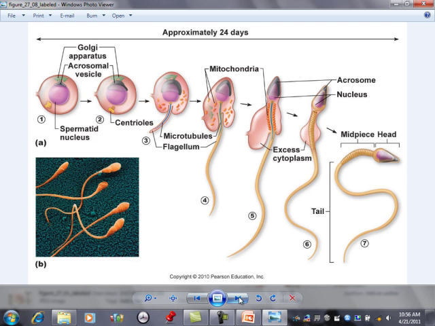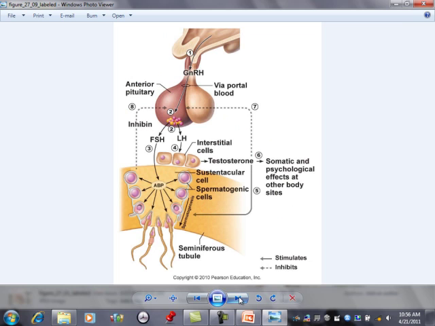So that's spermatogenesis. Now, who is responsible for getting all of this stuff going? And that's what they talk about under hormonal regulation of male reproductive function.